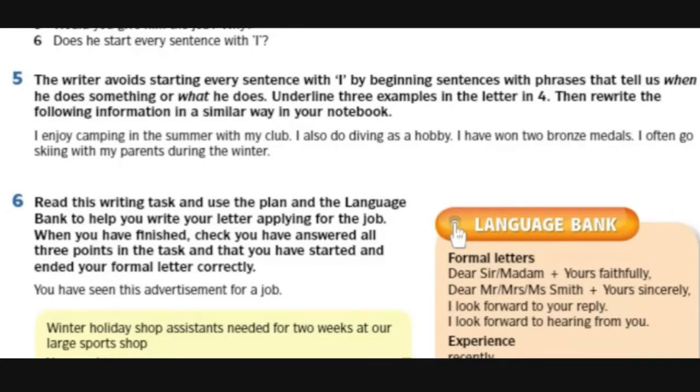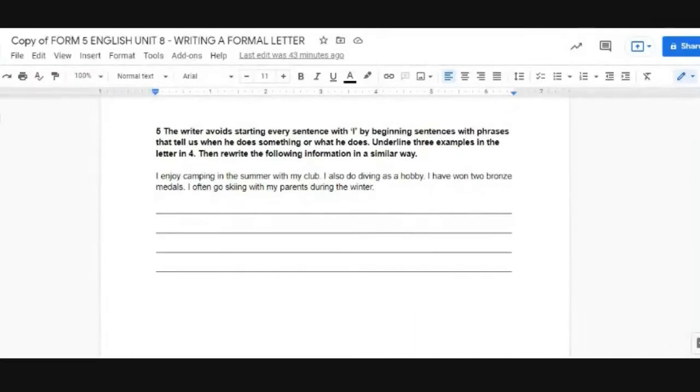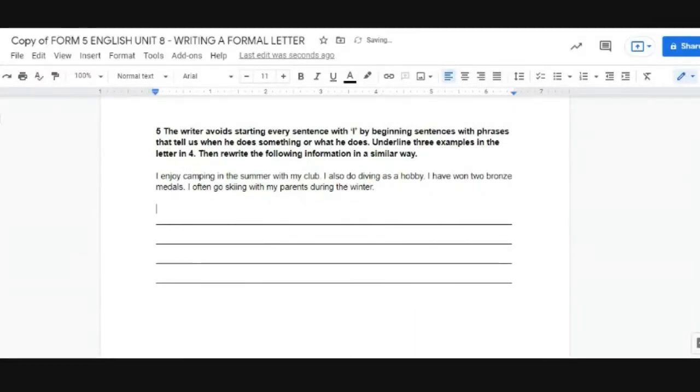Farhan says, diving is also one of my hobbies. Yes, correct. Okay, so you have changed the second sentence. I also do diving as a hobby, and you changed it to diving is also one of my hobbies. Okay, good. I will type this here. Diving is also one of my hobbies. What about the other sentences? What about the first sentence?